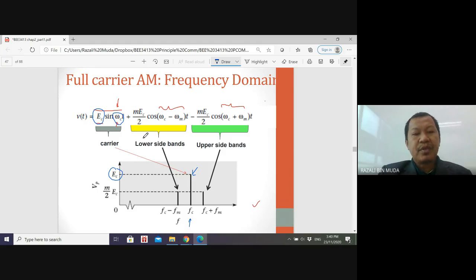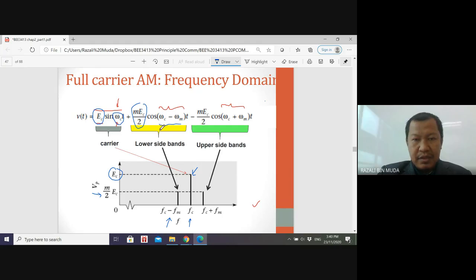Okay, so the second part, which is the lower sideband, we take the amplitude m Ec over 2. So m Ec over 2 here, and the frequency is omega c minus omega m, or divided by 2 pi, we get fc minus fm. This is the lower sideband.